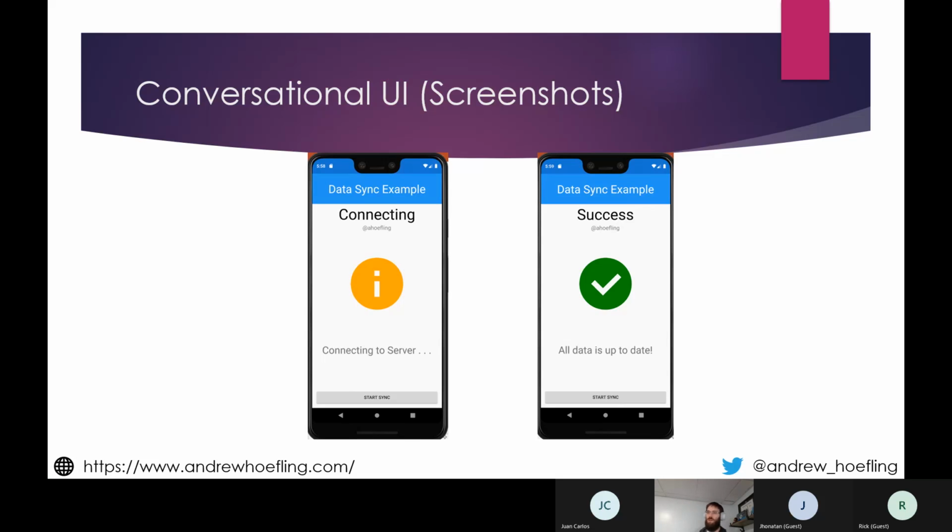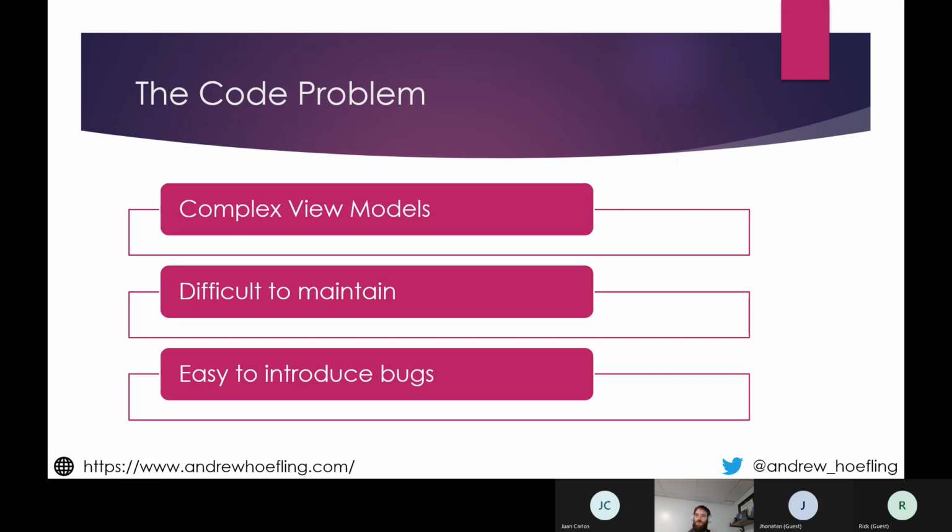That's one of the things I noticed the first time I went to implement this last year: whenever the state changes, I got to go update all these other properties, and it just became this big mess that I didn't want to deal with. And it's the first problem that I noticed when you try making rich user interfaces. It can be very difficult to manage that state in view models.